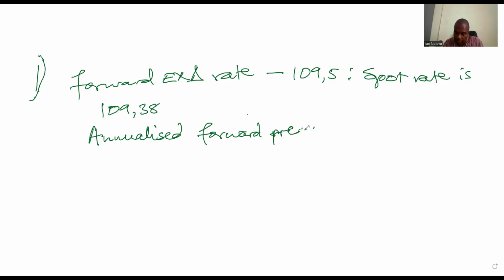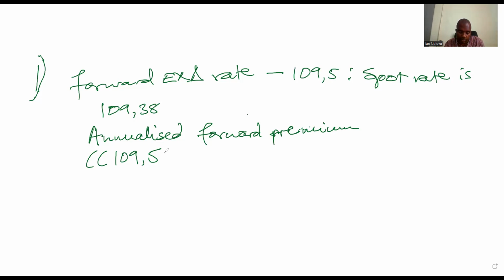To calculate that, we open bracket, 109.5, because the annualized forward premium is calculated as the difference between the forward rate and the spot rate. And then we divide by the spot rate. And then we multiply it by 360 over 90.